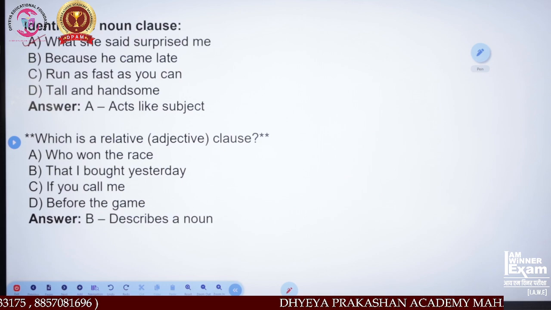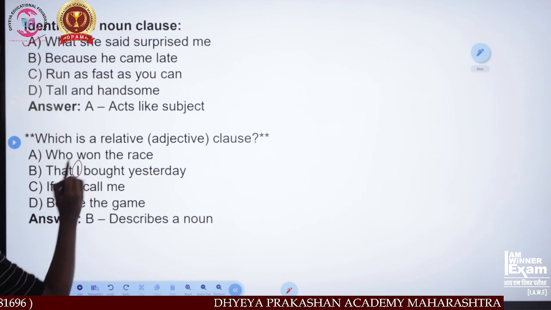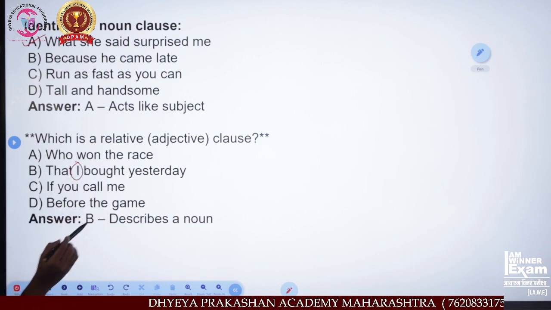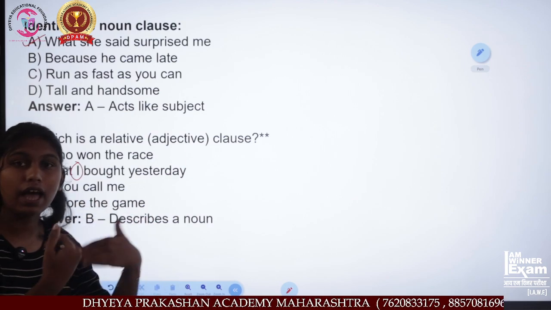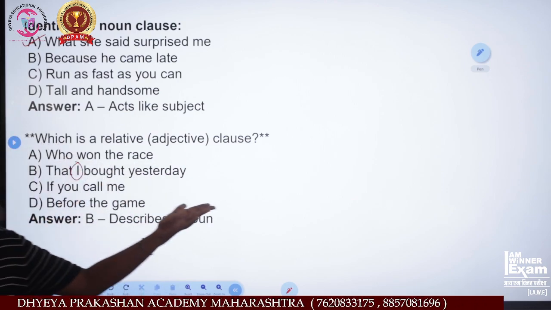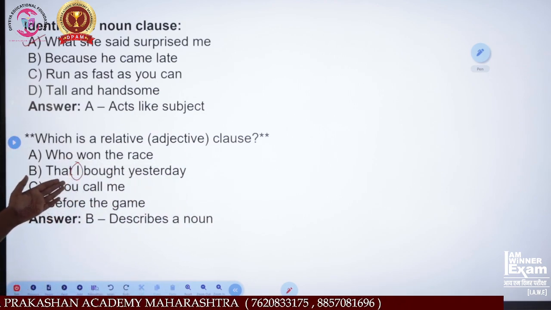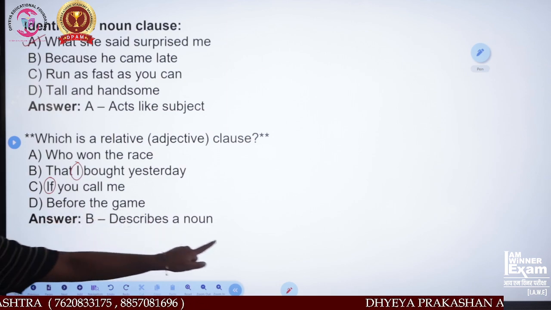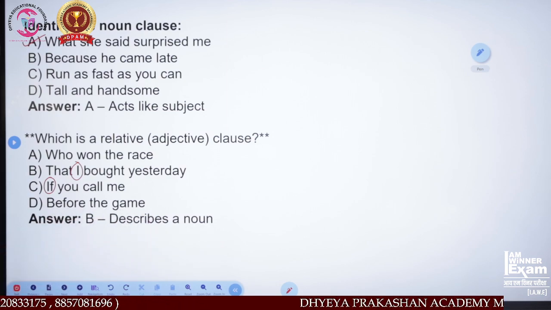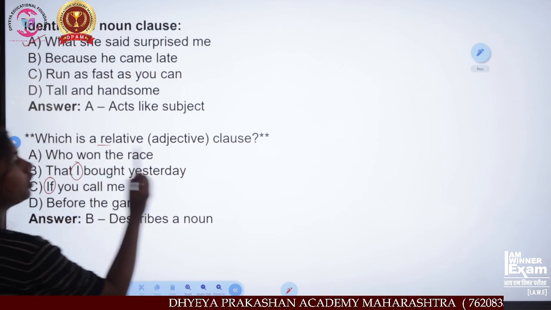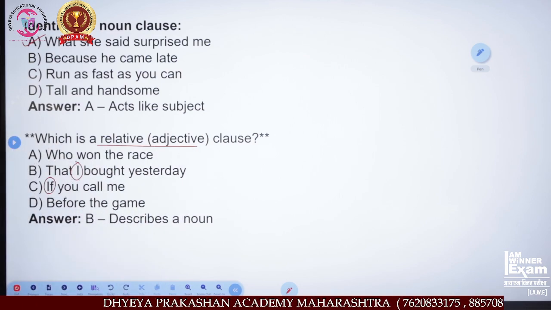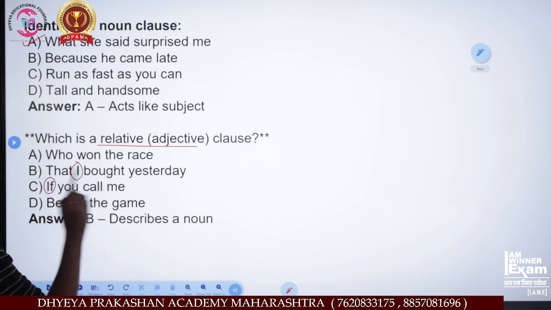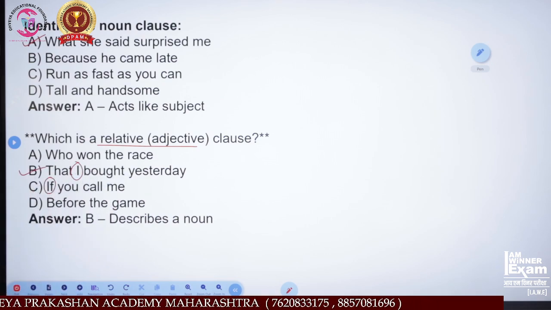Now, this is describing a noun, that is the shoes. Then, if you call me, if is a condition, and before the game is like a dependent clause. But here the relative adjective clause is that I bought yesterday.